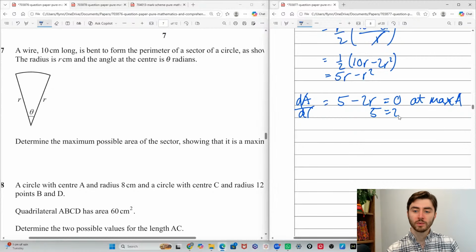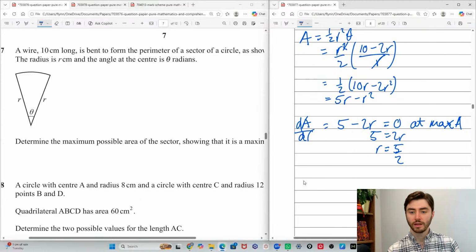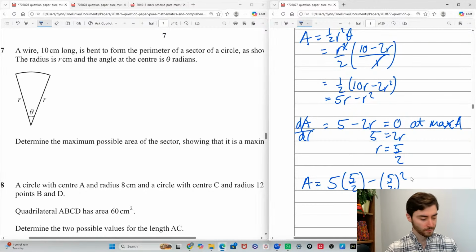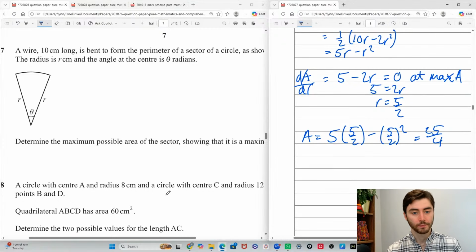So 5 equals 2r, r equals 5 over 2, and plugging that back into the area formula, the area is 5 times that 5 over 2 minus that 5 over 2 squared, which is 25 over 4. And that will be the maximum area.